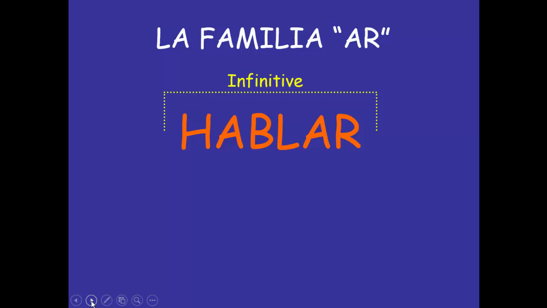This is the infinitive form of the verb. It means to speak. The stem of the verb is habla. That's the part that has all the meaning in it. And what's left is the ending, the AR part. It shows us here stem and the ending.